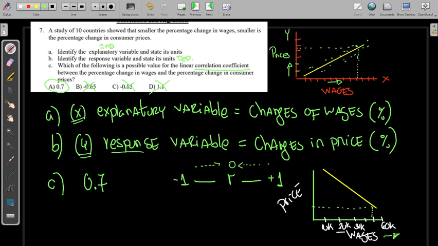This would not be possible because you will never get a number higher than 1. 1 is the highest value that you can possibly get on this type of coefficient, so that would not be acceptable.